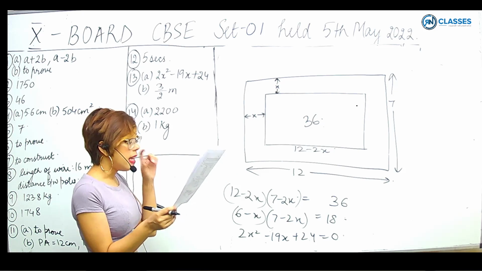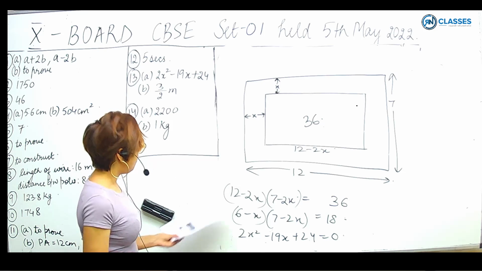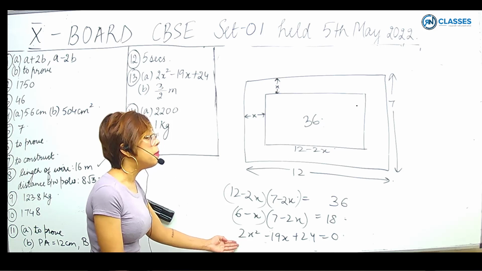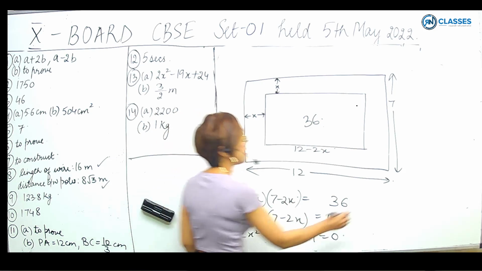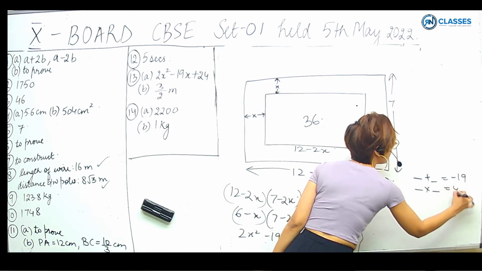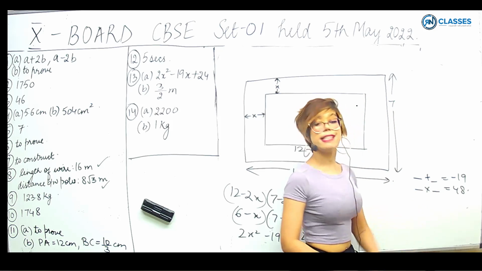Now, he says, find the width of the sidewalk around the pool. Width, so that means I am interested in the value of x. You can obviously split the middle term. We can easily see 48, 19. Think of two numbers whose sum is minus 19 and whose product is 48. 1 and 48, no. 2 and 24, no. 3 and 16, absolutely yes.